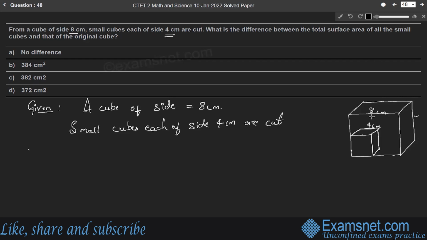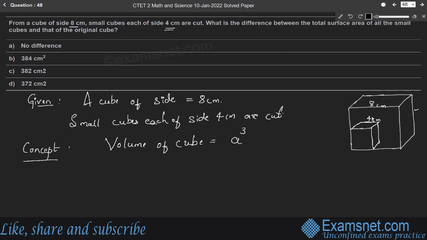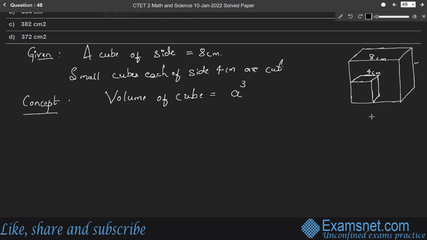So here concept used, or you can say formula to be used here. Volume of cube is equal to cube of its side, right? Total surface area of a cube, TSA is equal to 6 times a square. That means 6 times side square.